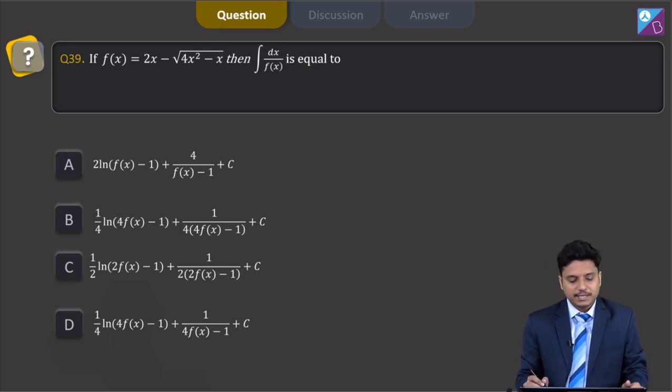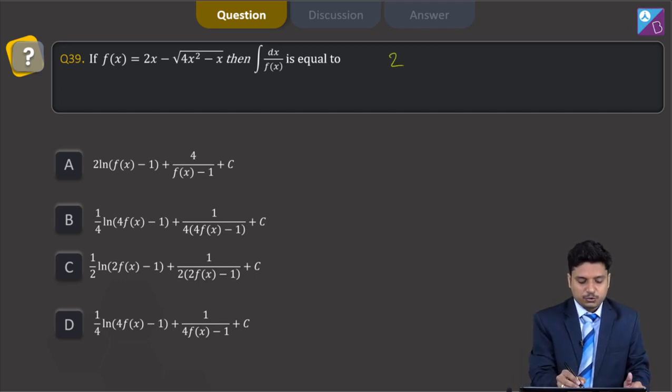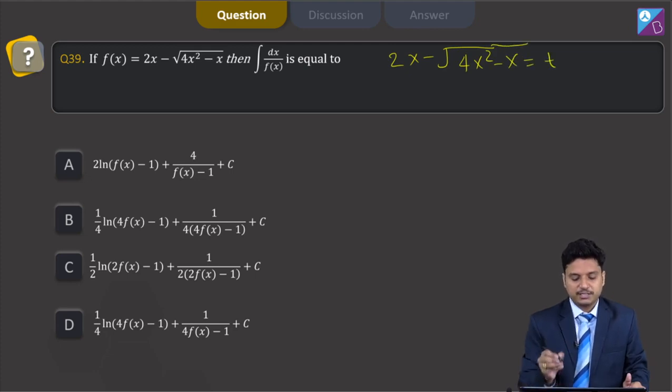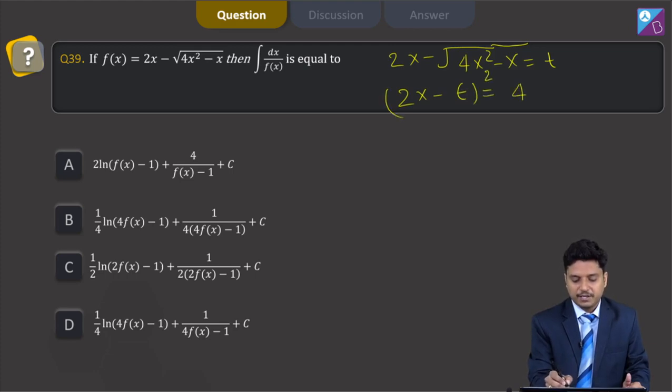So what we can say, if we substitute this f(x) as t and try to remove that irrational term, we can see 2x minus under root 4x square minus x is equal to t. If we put t on the left side and square it, this will be equal to 4x square minus x.